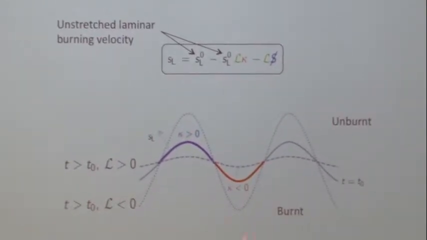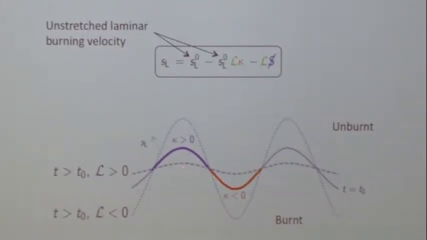So this has a destabilizing effect. The parts of the flame that are ahead of the mean will become faster, and this will become slower and slower, and so this leads to an instability. And that's why lean hydrogen flames are very different from other hydrocarbon flames.